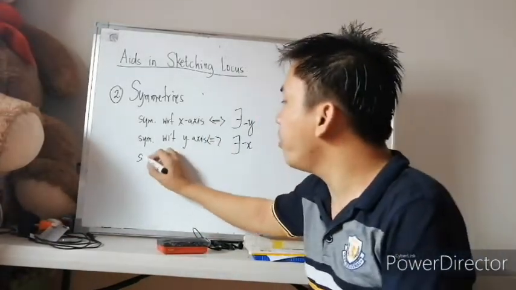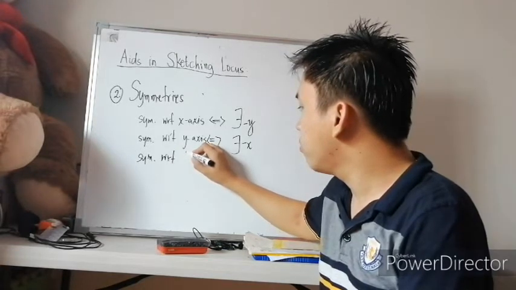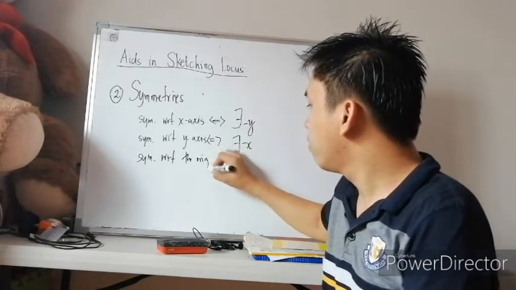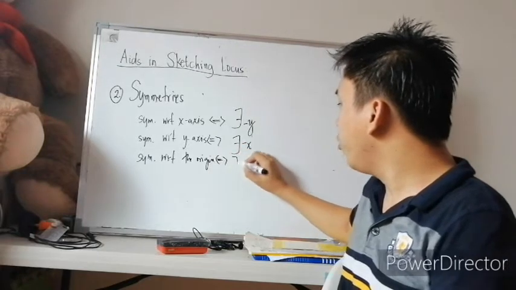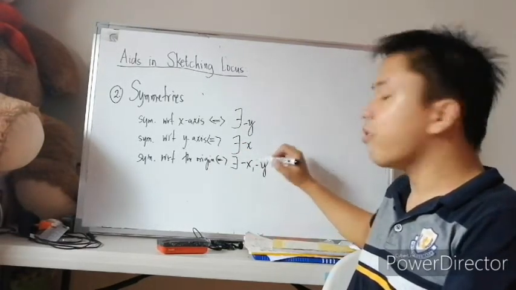The third is symmetry with respect to the origin. It's when you are able to find the additive inverse of x and the additive inverse of y.